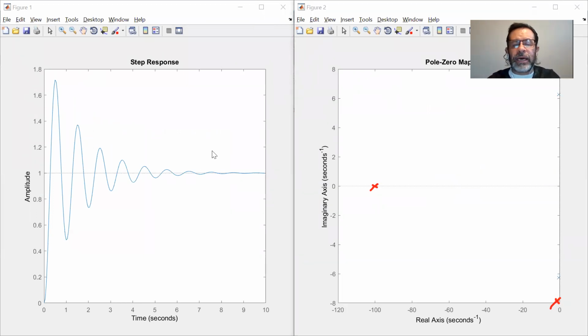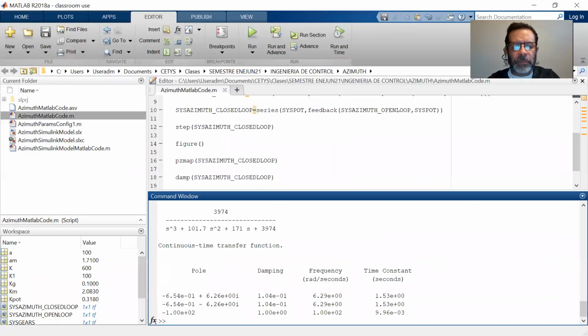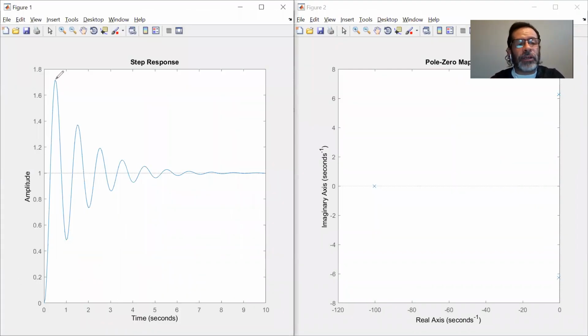We still have the poles here, and let's see what happened with the damping ratio. The damping ratio actually went down. So if we increase the gain, we're having less damping. And notice that for this one, the overshoot was higher.